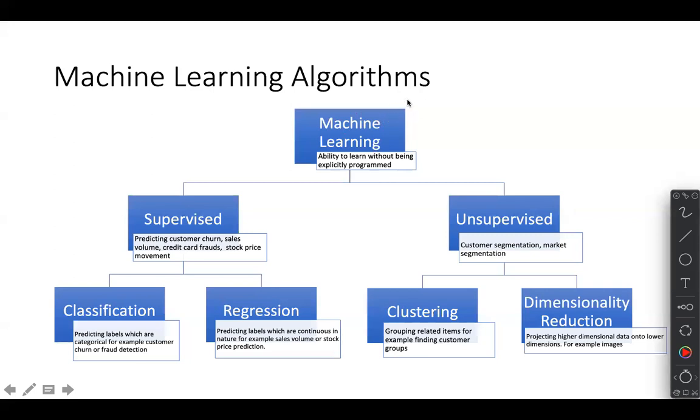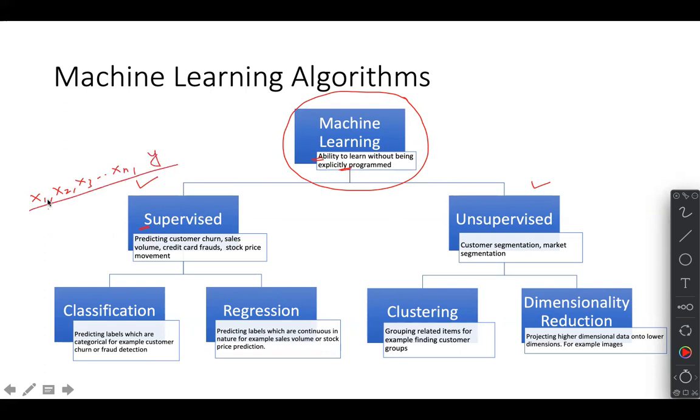So all the machine learning problems, which we have understood as the ability to learn without being explicitly programmed, are categorized into supervised and what? Unsupervised. And supervised problems are problems where we have the information about the factors and the outcome, right?